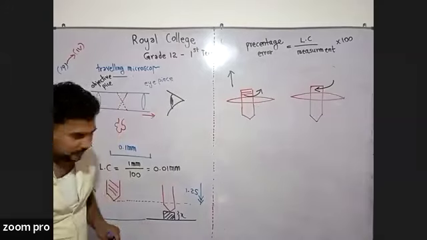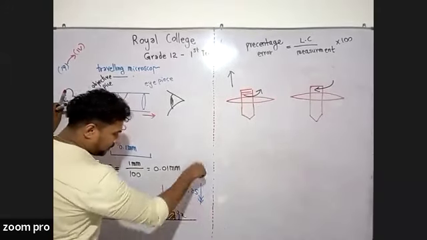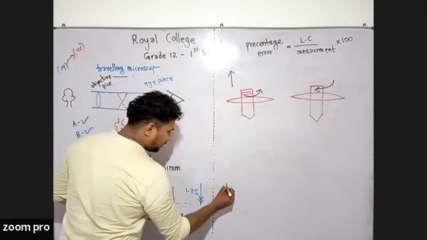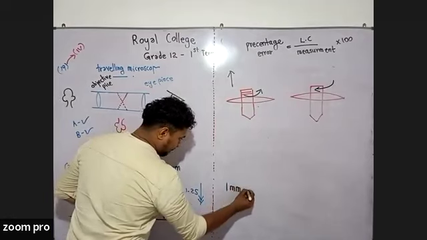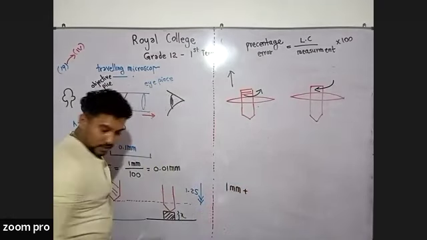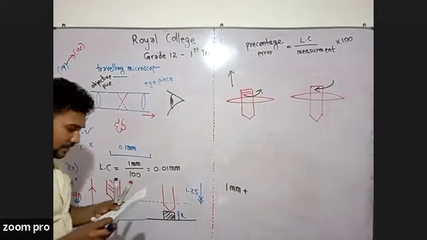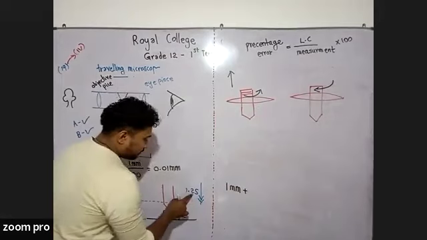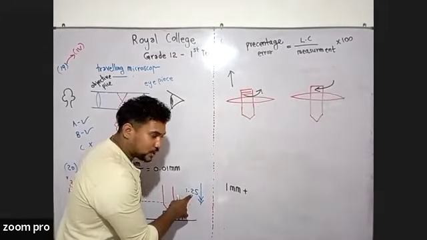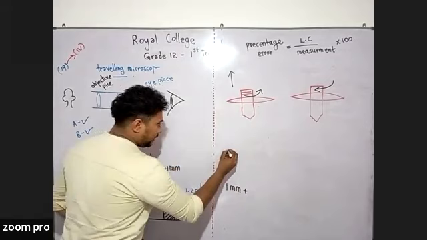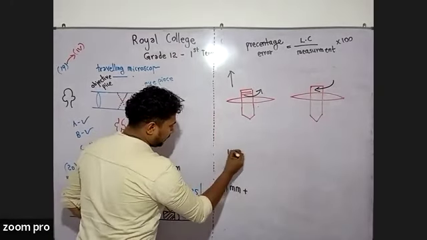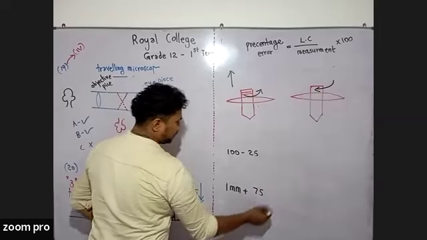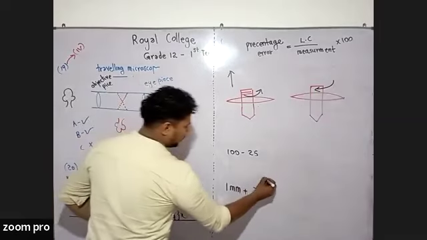So if it is lowered 1.25, it is lowered by 1 millimeter plus the circular scale. The total circular scale is 100, isn't it? So even though it is mentioned as 25, keep in mind that it should be obtained by 100 minus 25, that is 75 circular scale divisions lower.